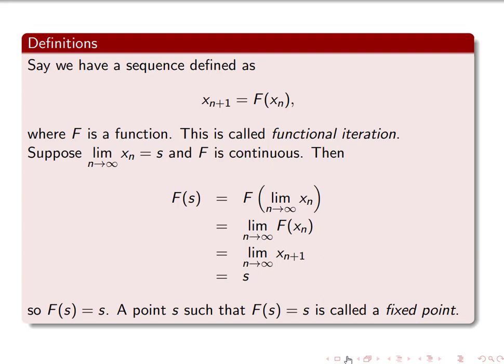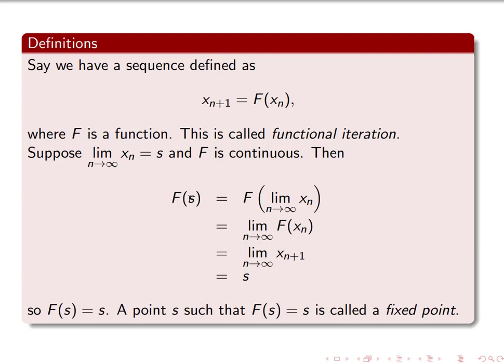Now suppose that this sequence of points x_n actually approaches a limit s. Okay, and now we make an extra assumption on this. Assume that f is continuous. That's not too much to assume. Then what do we know?